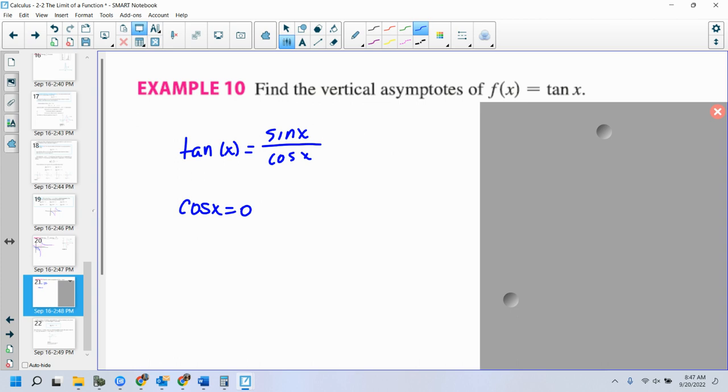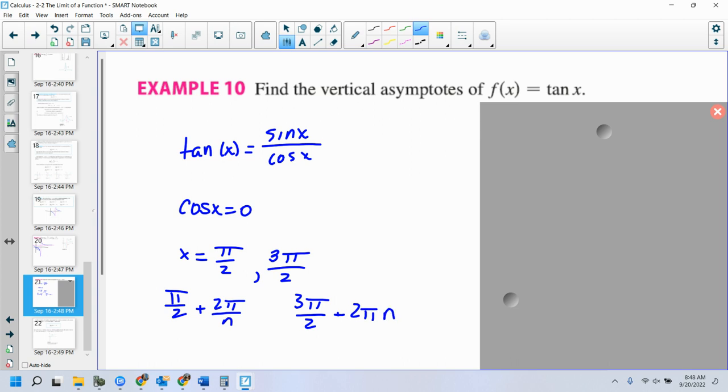I don't know if I made those rotations the right way for you, but pi over 2 and 3 pi over 2. So x would be equal to pi over 2 and then 3 pi over 2. Right, those are the two locations. And I could say find the vertical asymptotes. Okay. Pi over 2 plus 2 pi n, and then 3 pi over 2 plus 2 pi n.